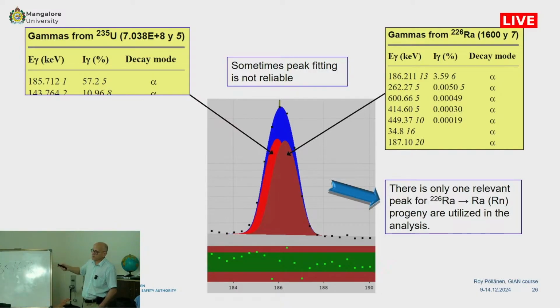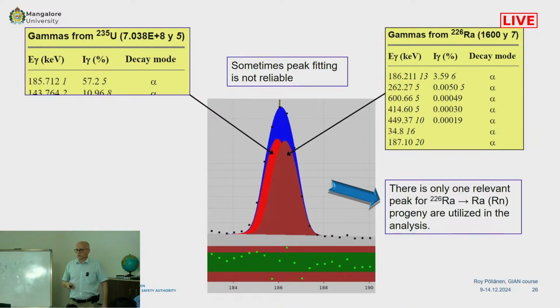In this case, peak fitting may look quite nice, but we do not rely on this because the peaks are overlapping too much. This is typical in sodium iodide detectors.